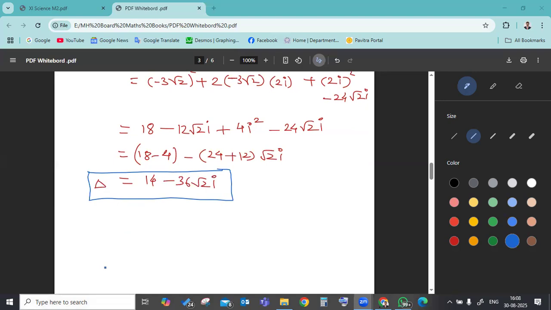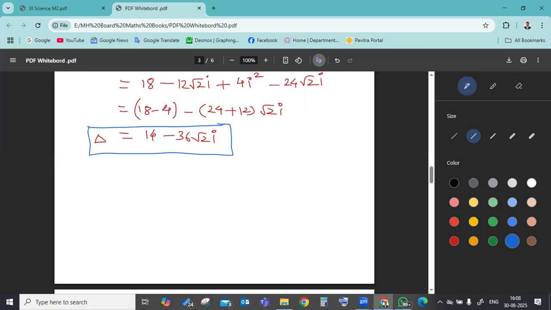We need the real part? Do we need the real part? No, we need to consider this whole delta. Why should we consider only the real part of it? We'll consider the whole delta.